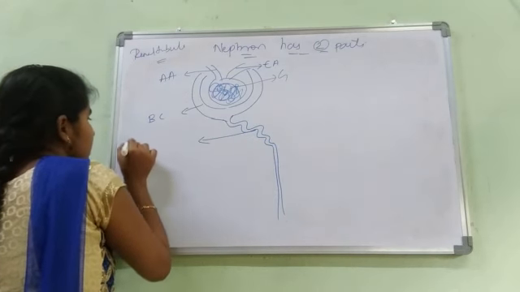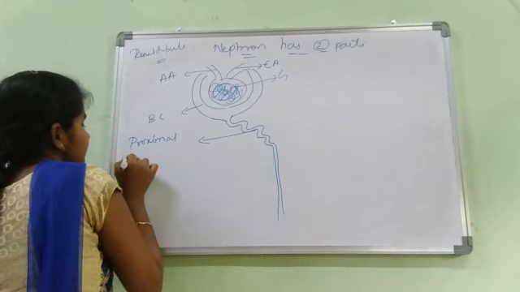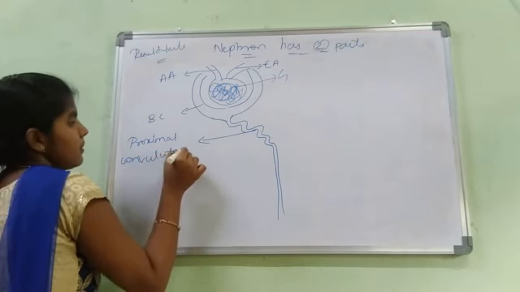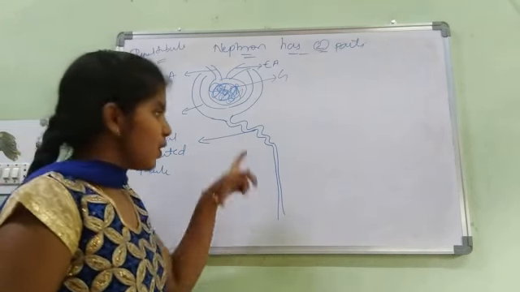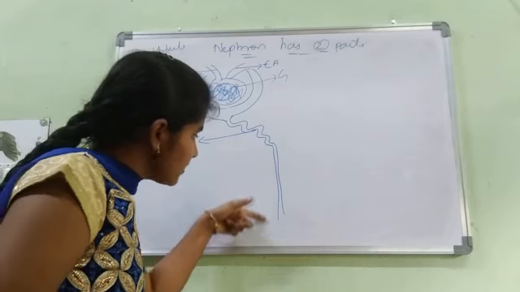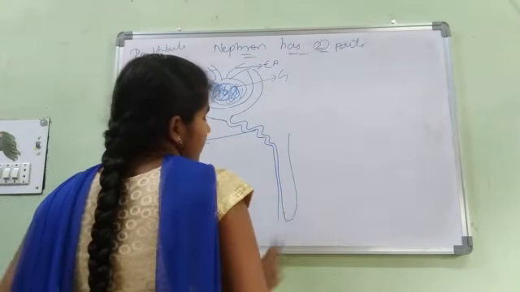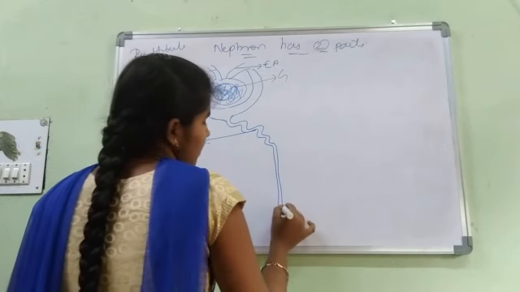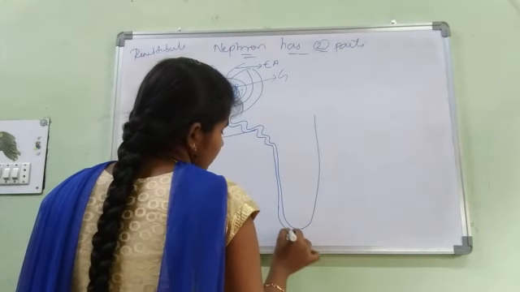PCT stands for proximal convoluted tubule. Now, this proximal tubule further continues into a hairpin shaped loop of Henle.